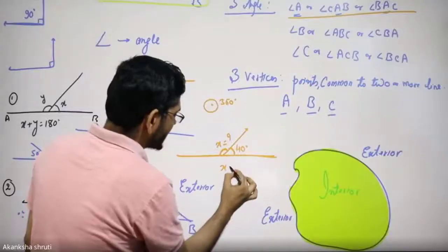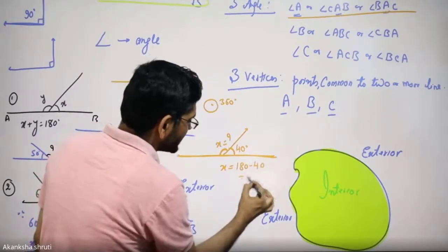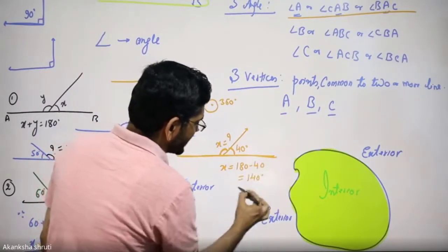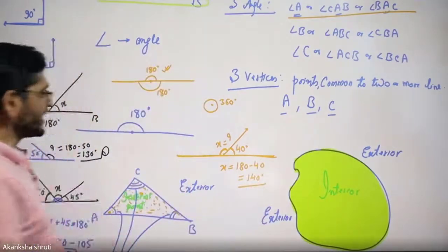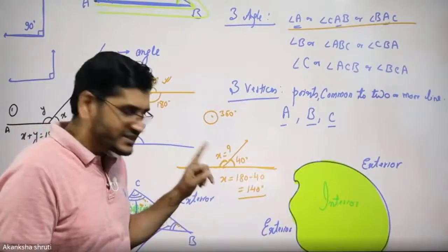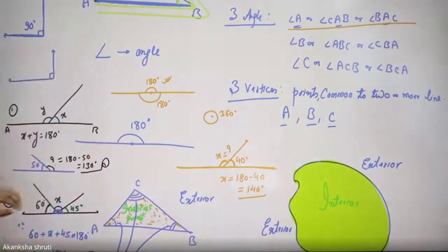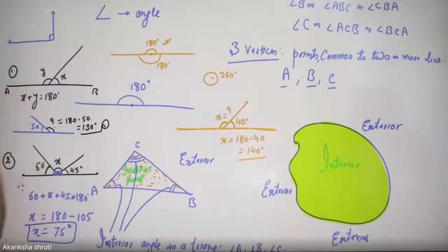So x can be calculated by 180 minus 40, it is 140 degrees. Okay, students? So this way, over a straight line, if different angles are formed at the same point, then we can apply this. This is called the straight angle concept. It is shown here.